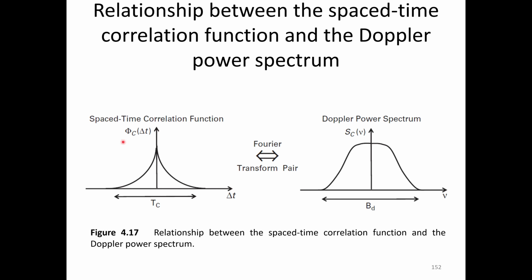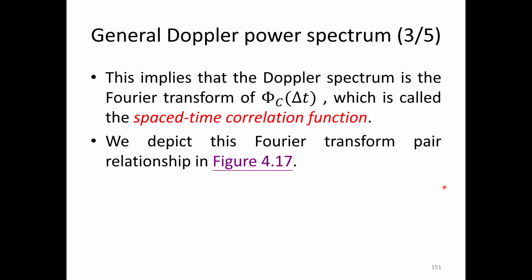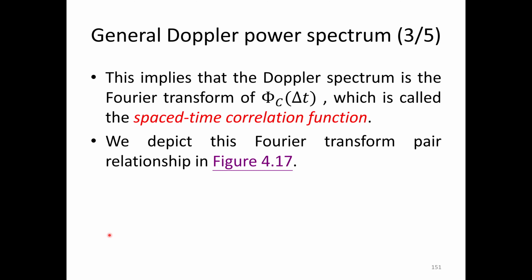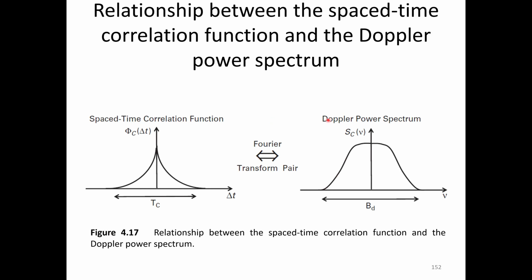The width of the space-time correlation function is Tc, which means the coherence time. We will introduce it later. And the Fourier transform of the space-time correlation function is the Doppler power spectrum, Sc of v, which is a function of v. Please remember that v is equal to f minus fc. The width of the Doppler power spectrum is Bd, which means the Doppler spread.